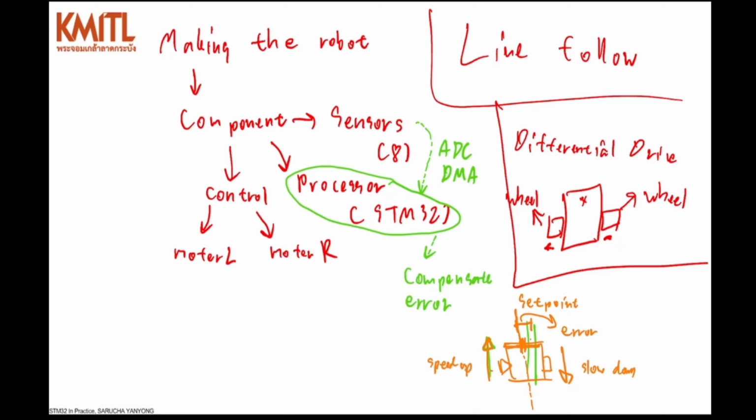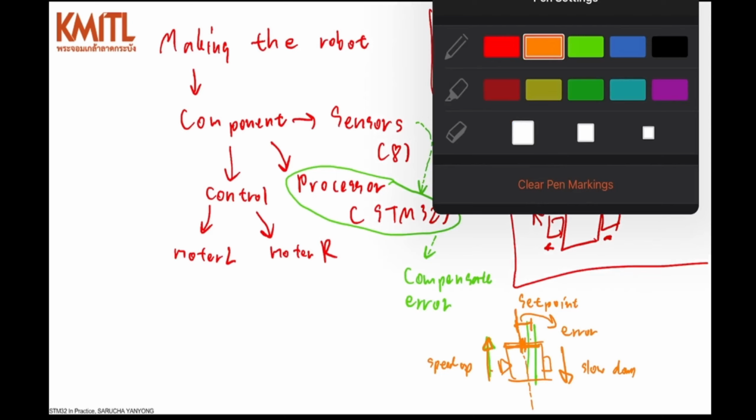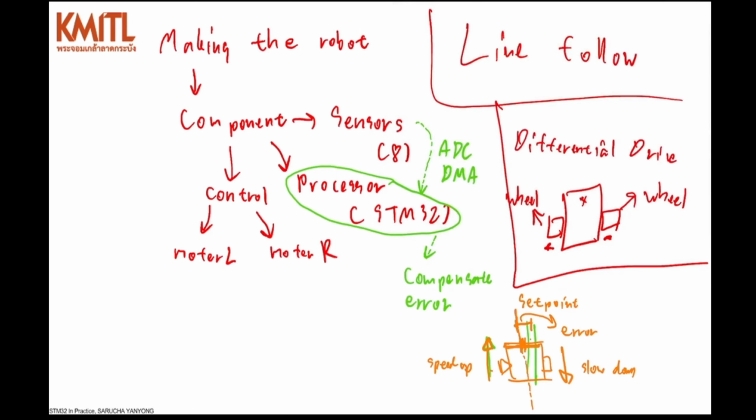This is what we have to do: slow down the right wheel and speed up the left wheel, to make the robot move like this. Okay, this is the concept. I want everyone to think the same thing and have the same target.